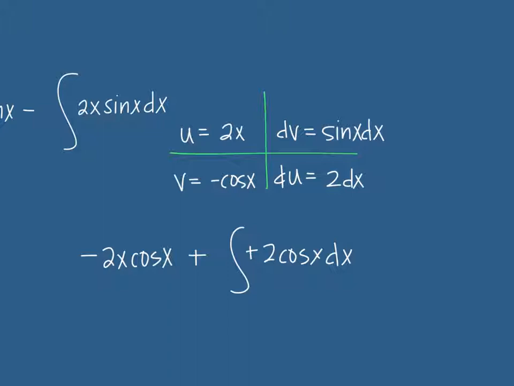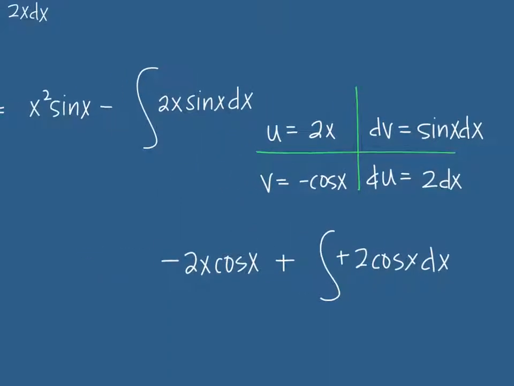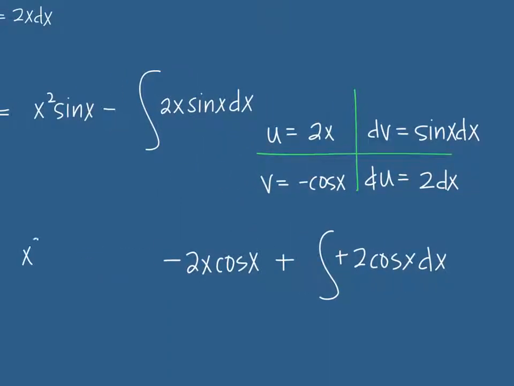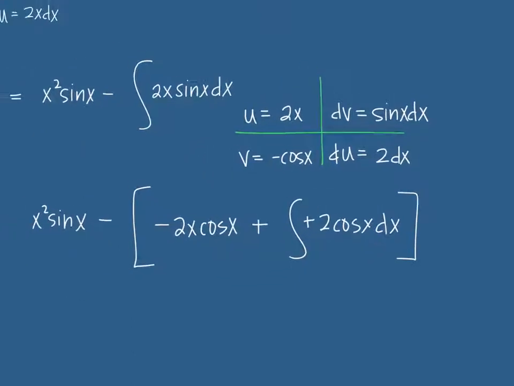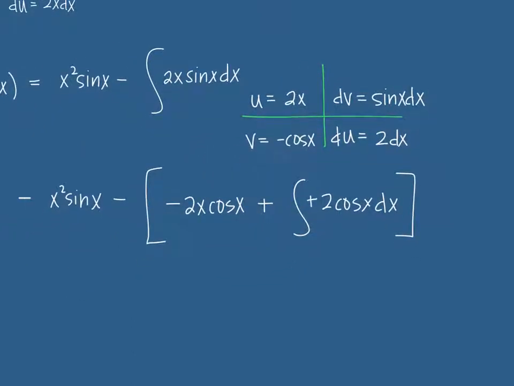Okay, but what's in front of what I just did? Oh my gosh, the two things that were in front of that. So it's x squared sine x minus, and then maybe put a bracket around all this, because that minus is in front of that whole thing. But that second integral we can do now.